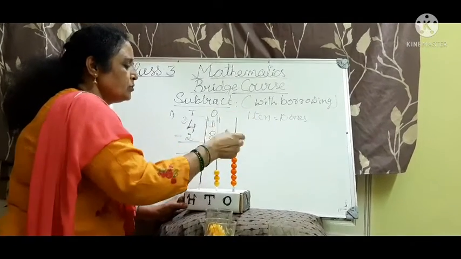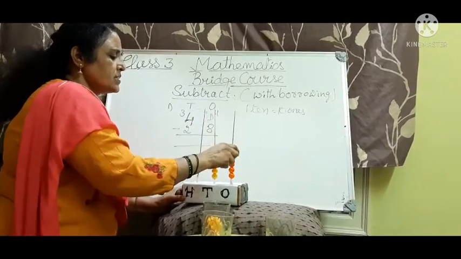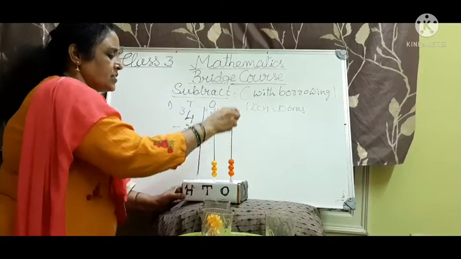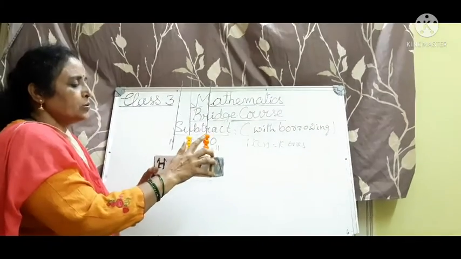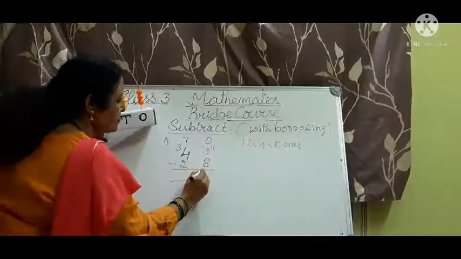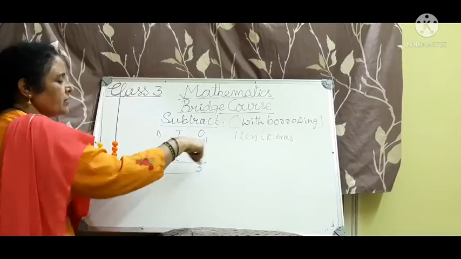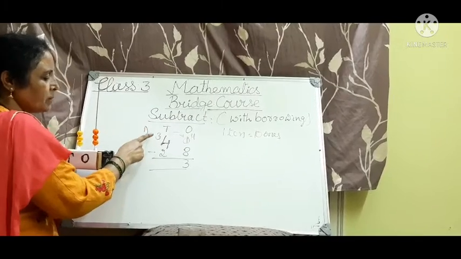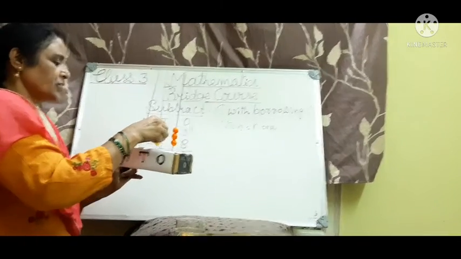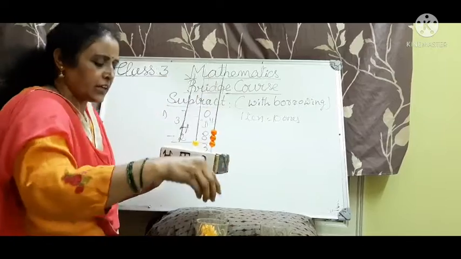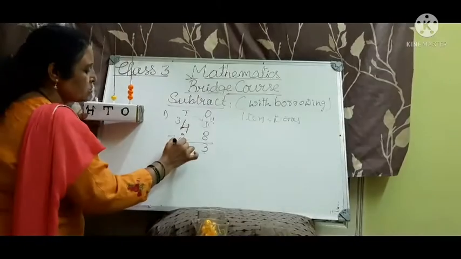How many are remaining now? 3 ones. Then 3 minus 2. We have to take out 2. Then how many are remaining? 1. 3 minus 2 is 1.